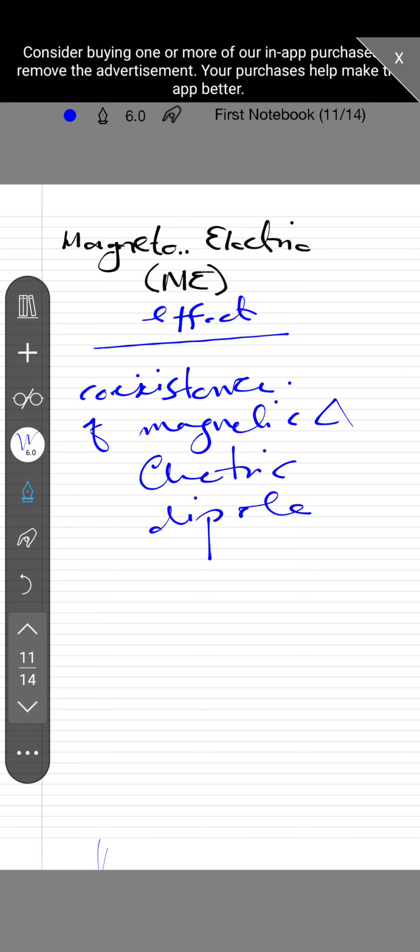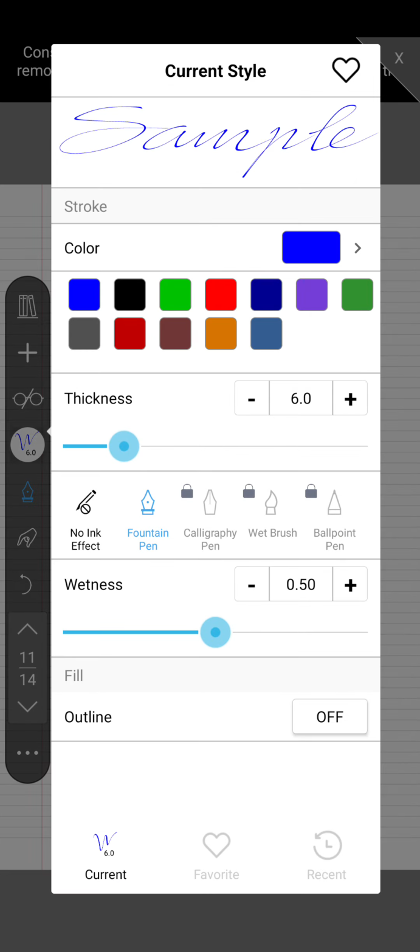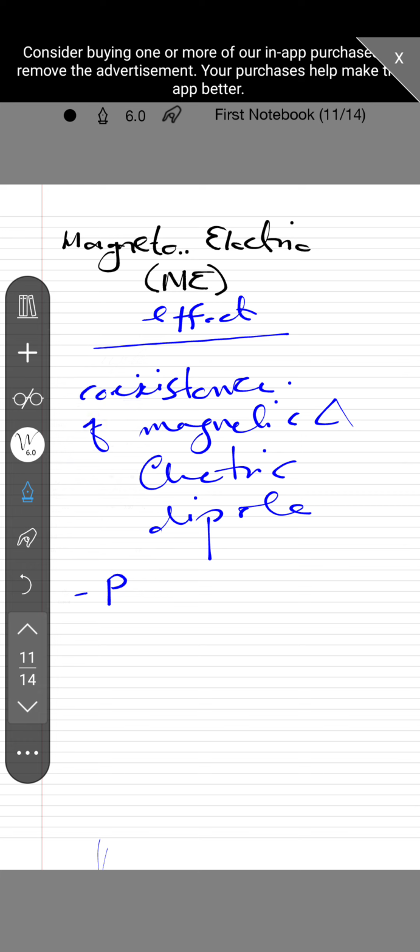Now, the second aspect is the variation of electrical polarization. P stands for the electric polarization.